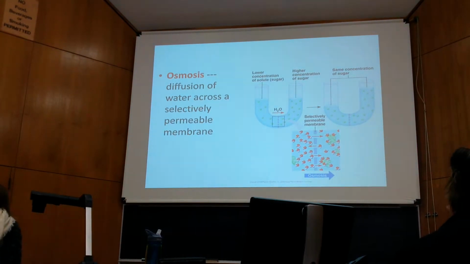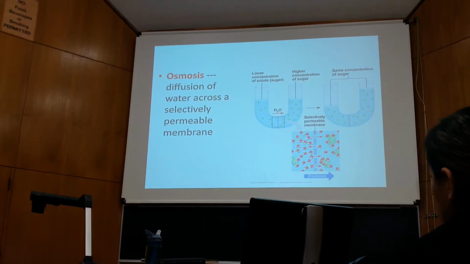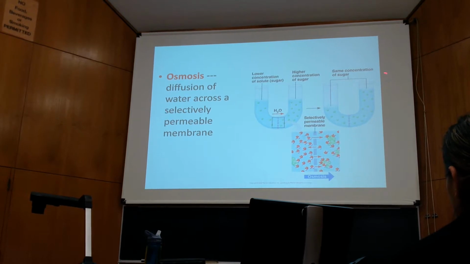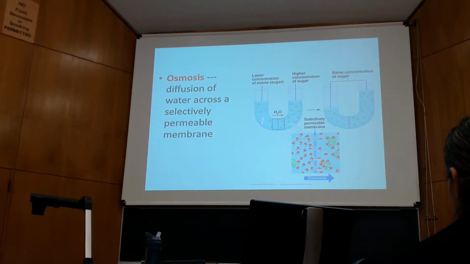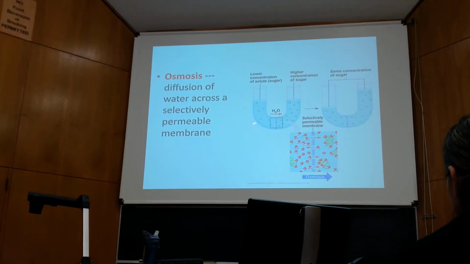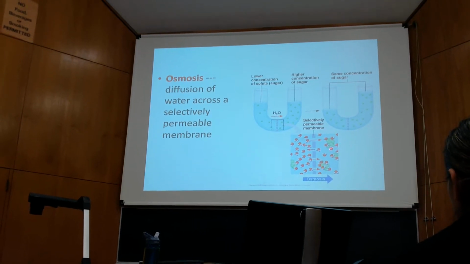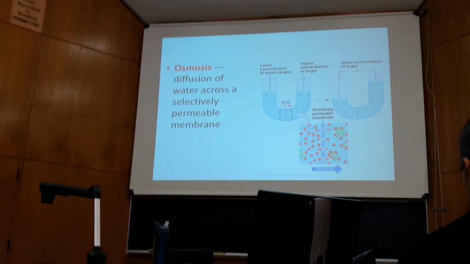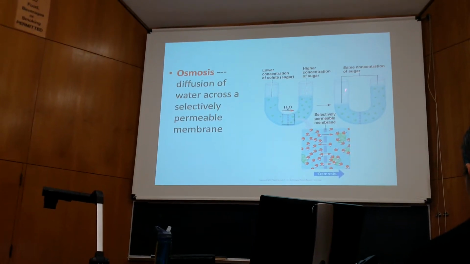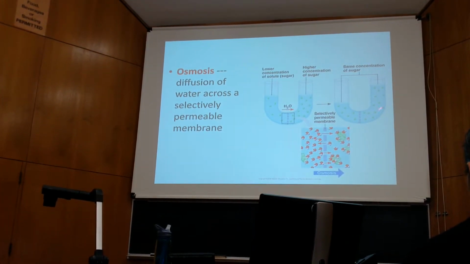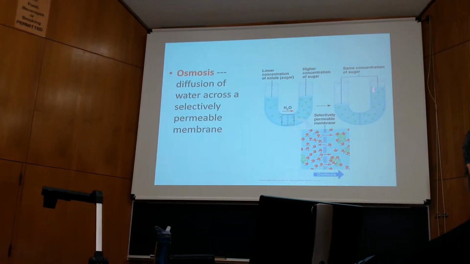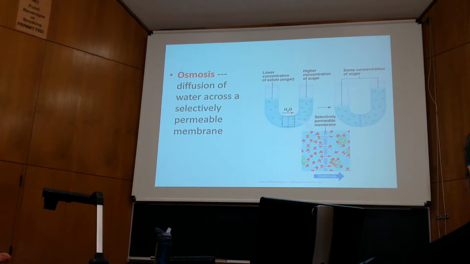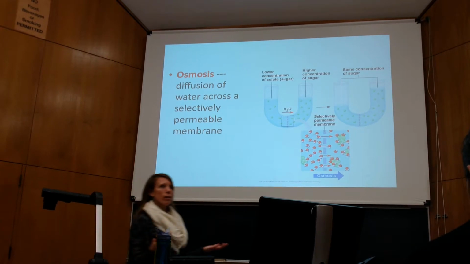They're too big to fit through. So technically you have less free water molecules over here than you do here. So by chance you'll have more water being able to bounce through to this right side until it's reached equilibrium. So you can see the water level has dropped over here and has risen over here to equal out the ratio of sugar to water molecules.